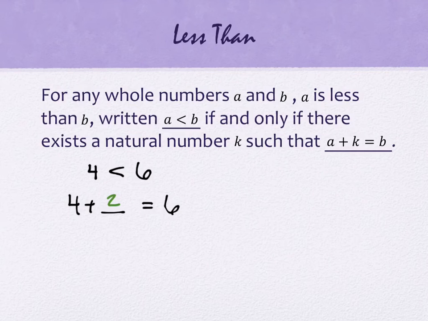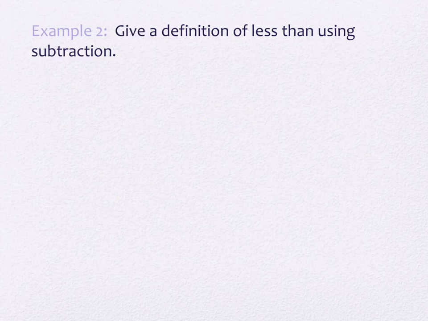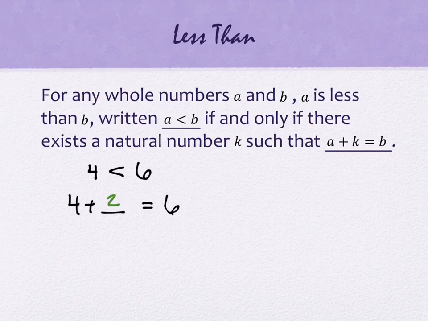Now, like I said, this isn't the only definition of less than, all right? We can also use the definition that involves subtraction. This definition involves addition. So when we're working with this question, number 2, which is saying do the same thing but use subtraction instead of addition, almost everything that's written here is going to be the same.